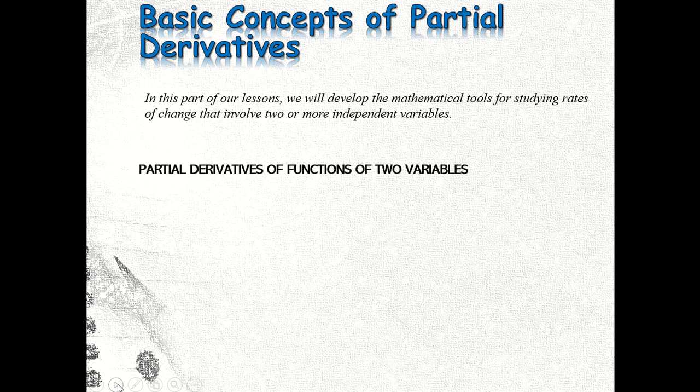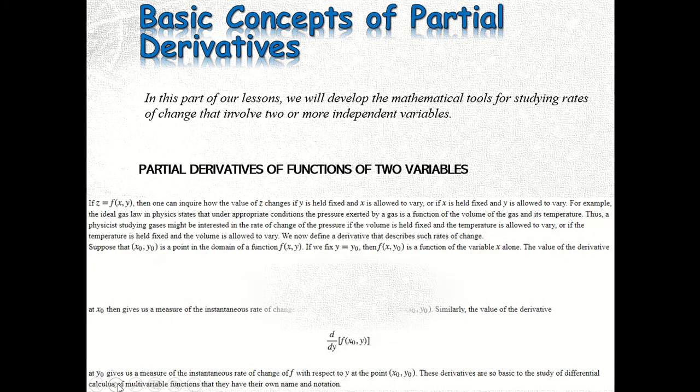Partial derivatives of functions of two variables: if z is a function of two variables, x and y, then one can inquire how the value of z changes if y is held fixed or constant and x is allowed to vary, or if x is held fixed or constant and y is allowed to vary.